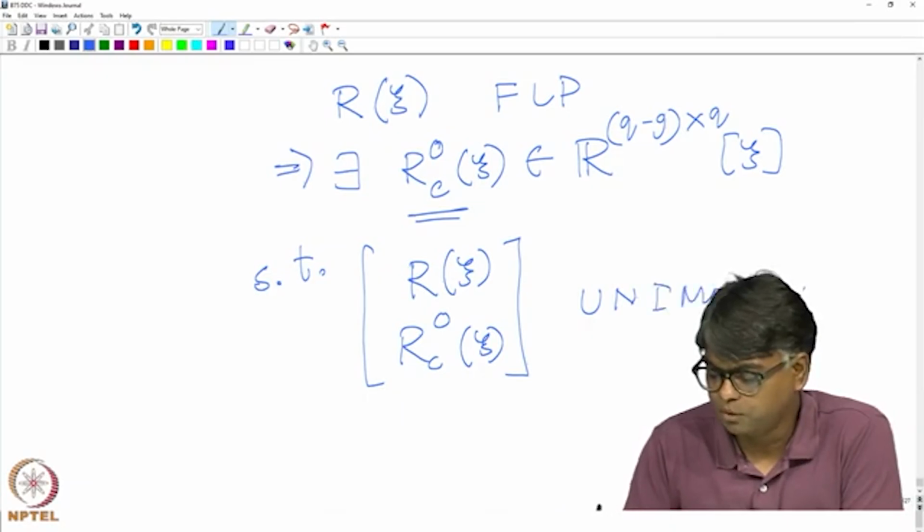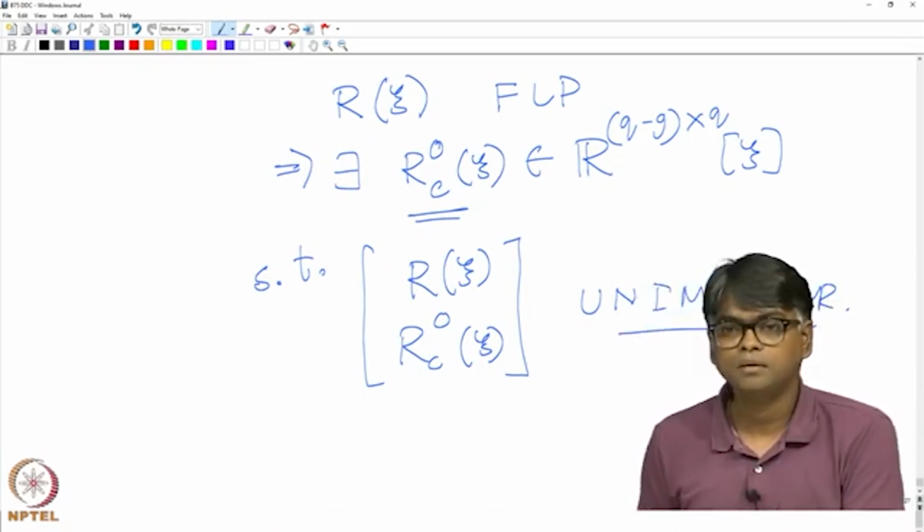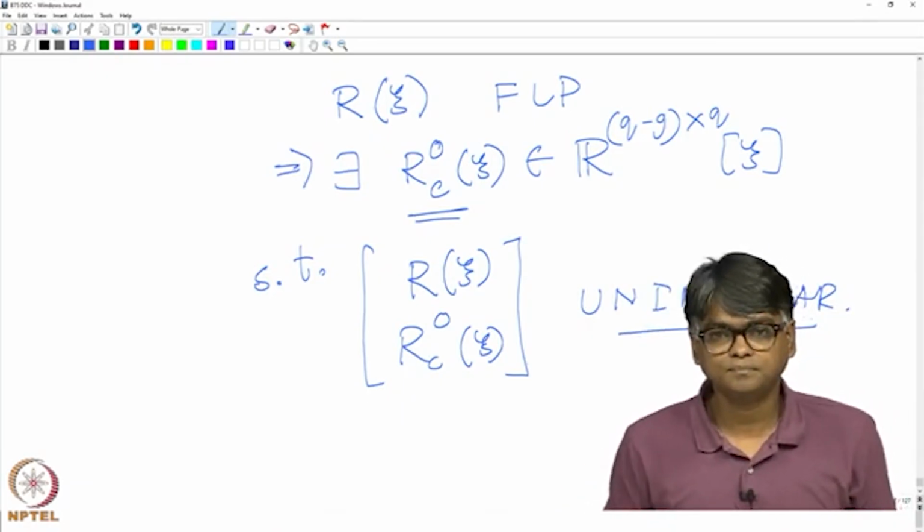What is the determinant of a unimodular matrix? It is a non-zero constant.